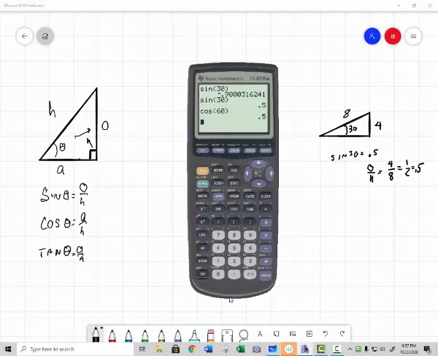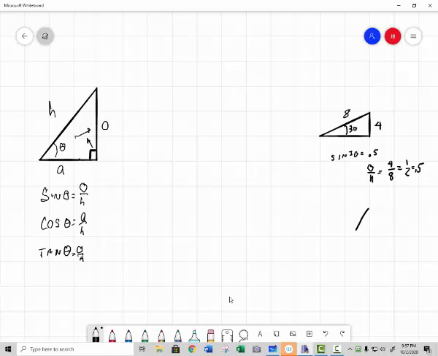If I have a triangle that comes down like this, and this angle is 60 degrees. And again, if this is 10, this has to be half of it.